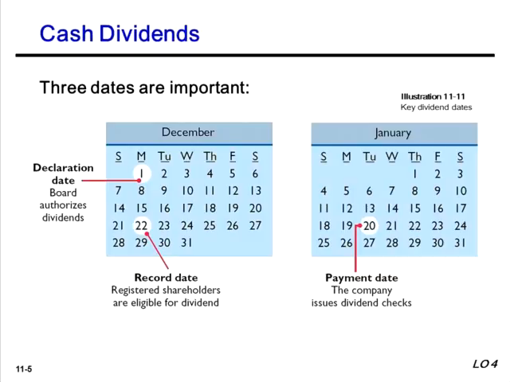On that date of record, the shareholders that are holding the stock at that point will be paid the dividends. And 3 weeks after that, the dividend payment is made. And we'll see this in another slide, that when the dividend payment is made, there's a debit to dividends payable to wipe out the liability, and a credit to cash.